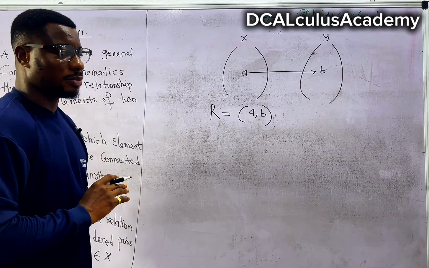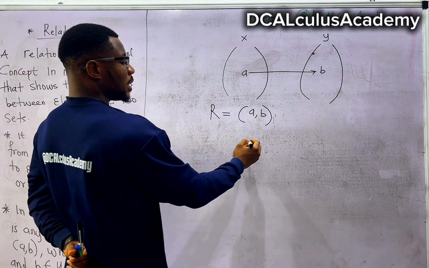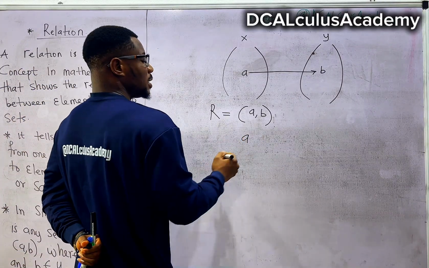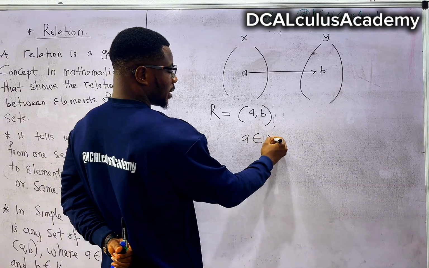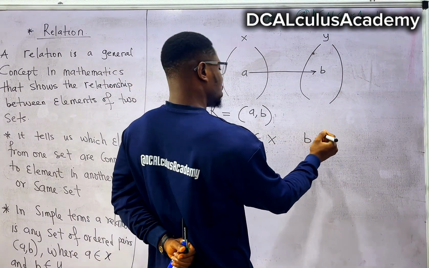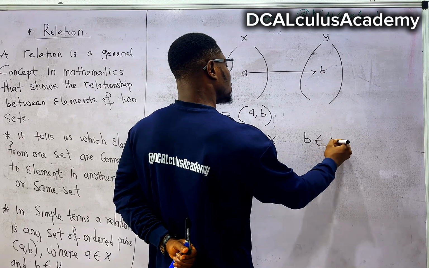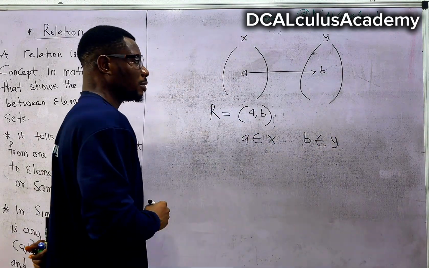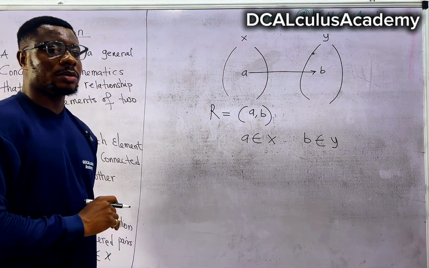It's as easy as this. Remember that A is an element of set X, which is the first set, and B is an element of set Y. So this is what relation is all about.